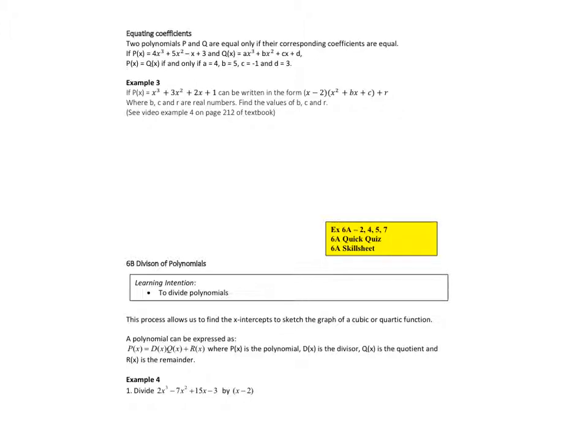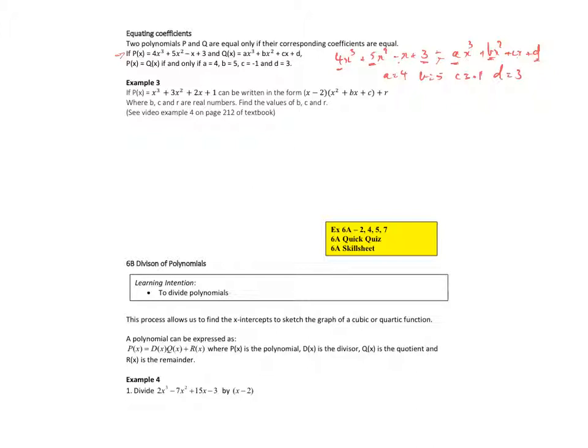All right, so for example here, if p of x is equal to 4x cubed plus 5x squared minus x plus 3, well then q of x has to be exactly the same: ax cubed plus bx squared plus cx plus d, which means the 4 has to be the a, the b has to be 5, negative 1 has to be c, and the constants have to be the same. Okay, so the only way the two polynomials can be the same is if they're identical.